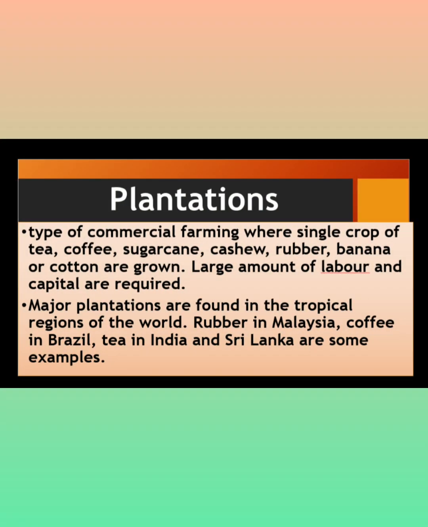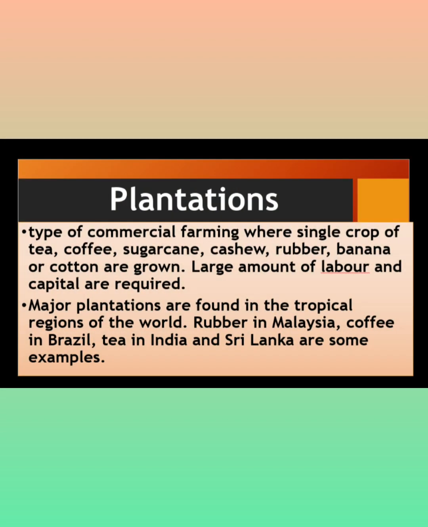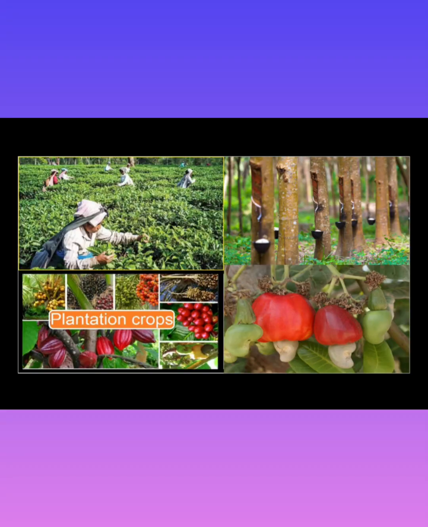Now, plantation farming. Plantations are a type of commercial farming where a single crop of tea, coffee, sugarcane, rubber, banana, or cotton is grown. It needs a large amount of labor and also capital.